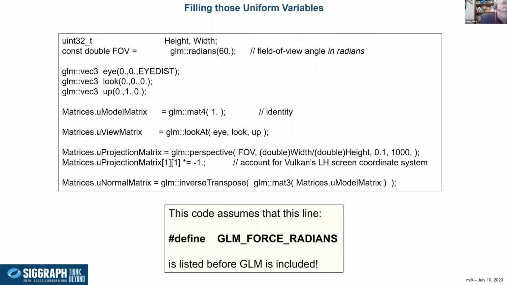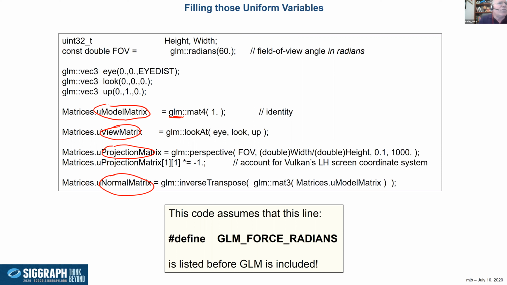And here is filling the model matrix, the view matrix, the projection matrix, the normal matrix. We'll come back to this, because it's using this package called GLM, and we've got a separate chapter here on GLM. OpenGL, when it treats angles, uses degrees.